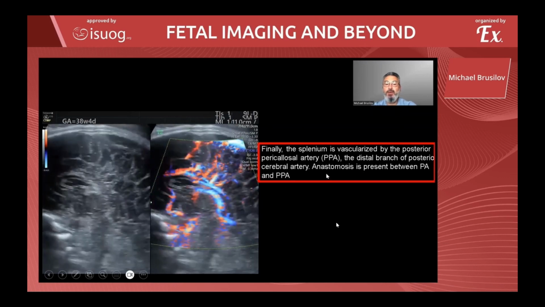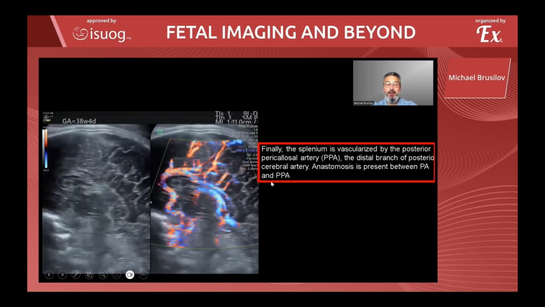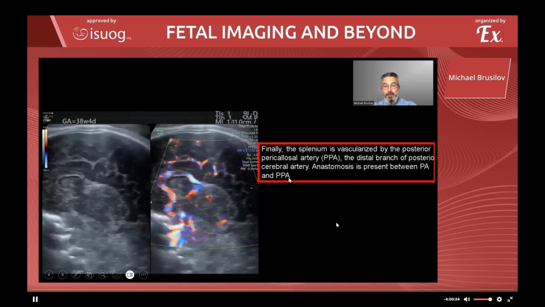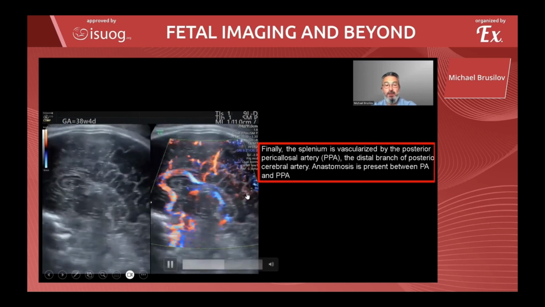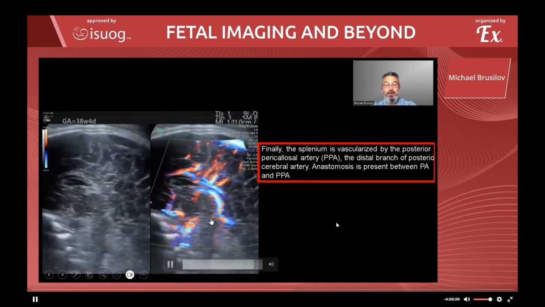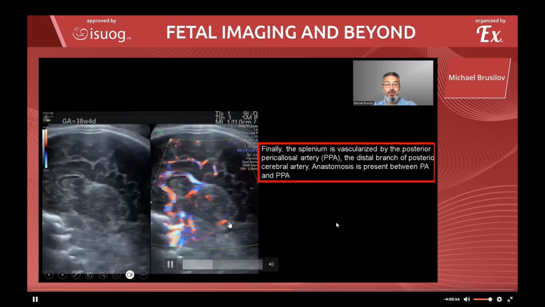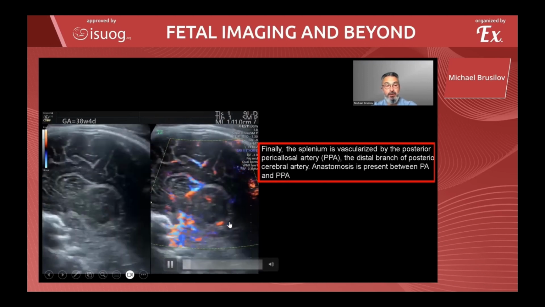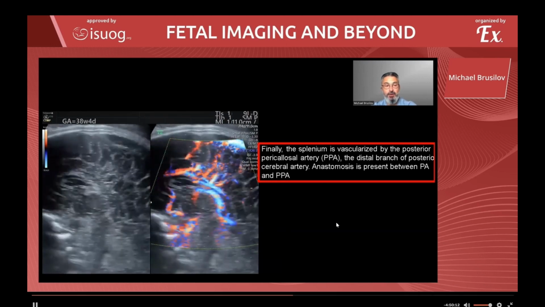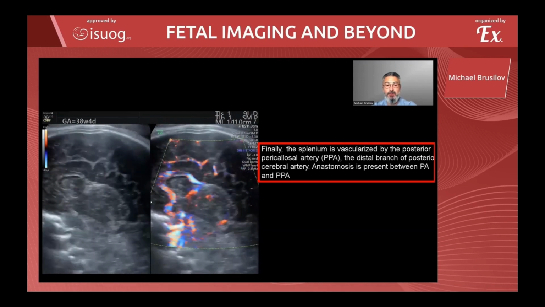Anastomosis is present between the pericallosal artery and the posterior pericallosal artery. Something wrong was here. Vascular accident in the posterior part, and as a result, destroyed posterior part of the corpus callosum, a vanishing corpus callosum.